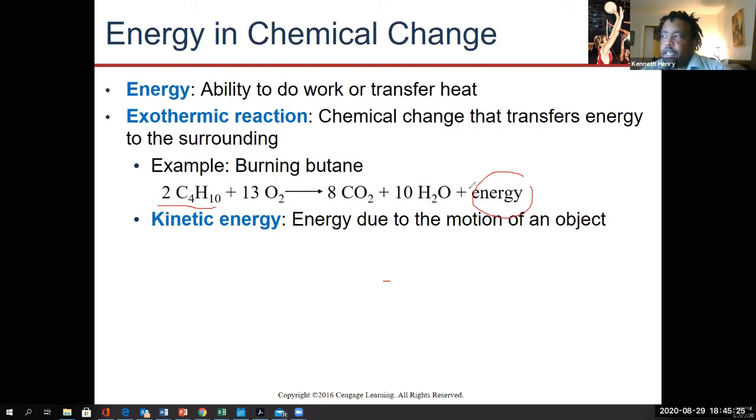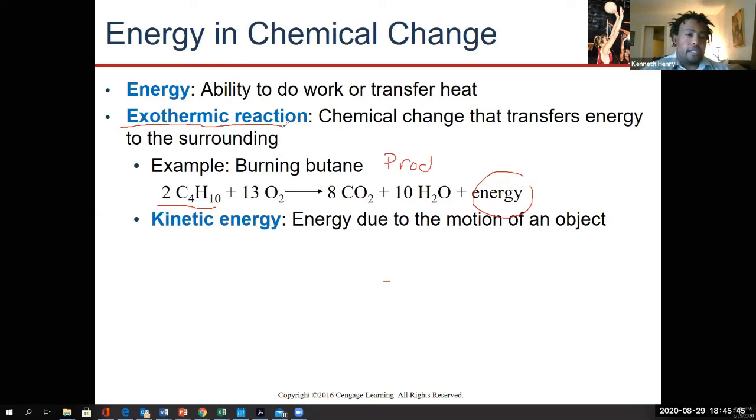So since energy is on the product side of the equation, it's being released. So we call that an exothermic reaction, because energy is being released outside, okay?